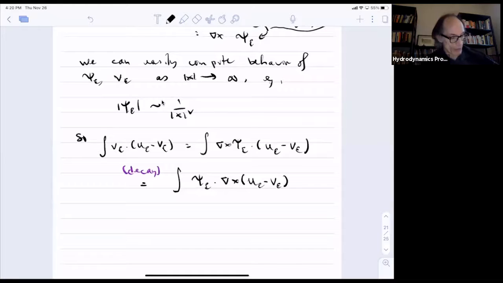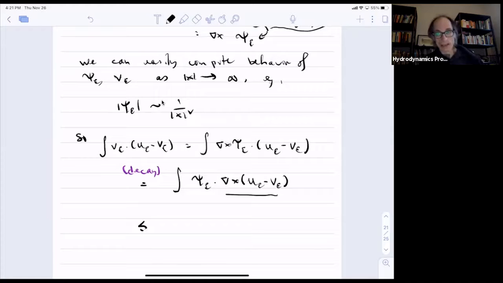And what we know is that the homogeneous flat norm of this curl is small. And what's the homogeneous flat norm? This is of order epsilon in the homogeneous flat norm.